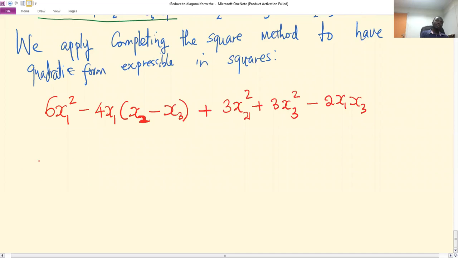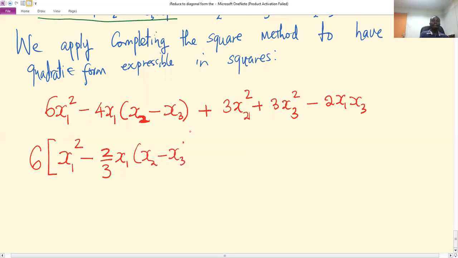So I'll put out 6 and then write this one as x1 squared minus, now when I factor out 6, I need to write here 2 over 3 x1 into x2 minus x3, plus 3 x2 squared plus 3 x3 squared minus 2 x2 x3.